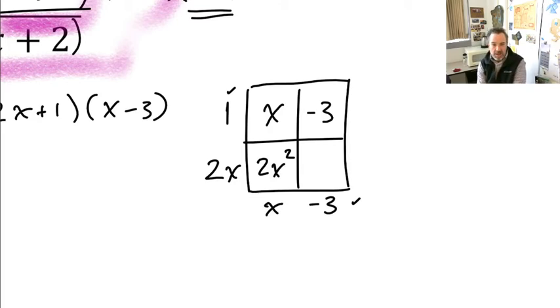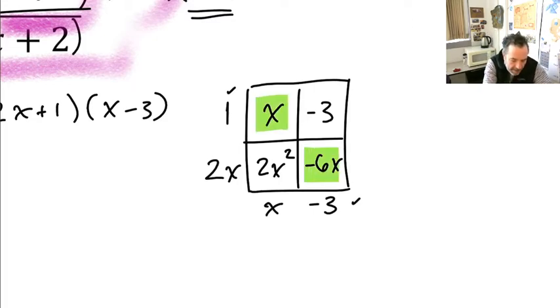And then finally, in the lower right box, I have a negative 3 that I'm multiplying by 2x, which is going to give me negative 6 times x. So now that I know the area of all those pieces, to get the total area, I just have to add these pieces together. Two of them I can combine, because they're like terms.